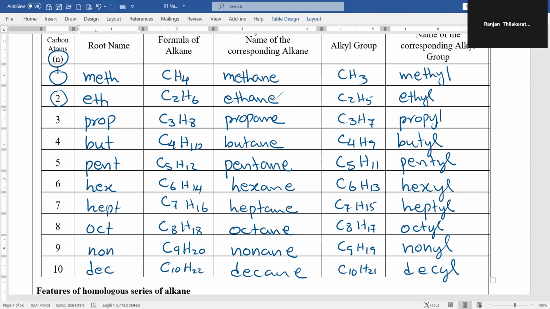And the alkyl group: when we write down the names of organic compounds, we have many alkyl groups in those compounds, and you need to know how to get the name of that. The name is taken just by adding the suffix yl to the root name. The root name is taken from the number of carbon. If you have only 1 carbon, then the root name is meth, and you add the suffix yl to that to get the name.